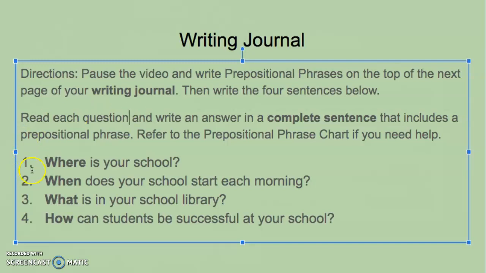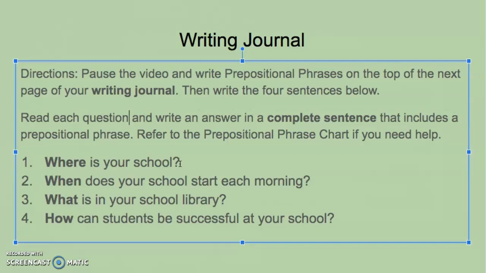So you should have written number 1. Where is your school? When you answer the question, you're going to want to say, my school is located on Fort Rucker, Alabama. Number 2 says, when does your school start each morning? Okay, again, complete sentences. So, my school starts each morning at 7:30.